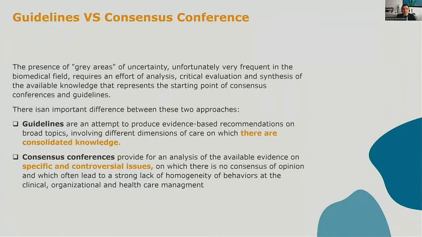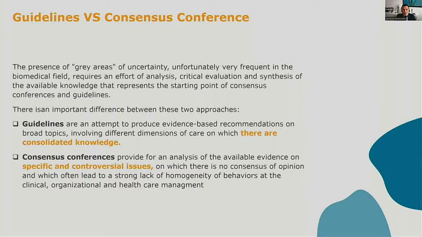What is the difference between guidelines and a consensus conference? Of course, there are in the biomedical field a lot of gray areas, which require an effort of analysis, critical evaluation, and synthesis of the available knowledge that represents the starting point of consensus conferences and guidelines. There is an important difference between these two approaches.